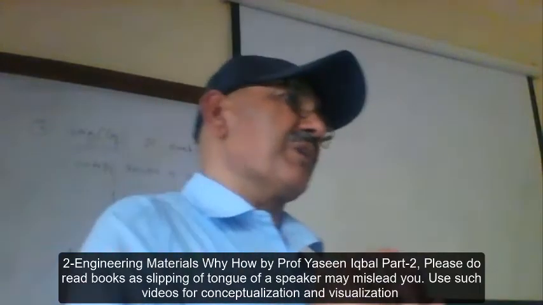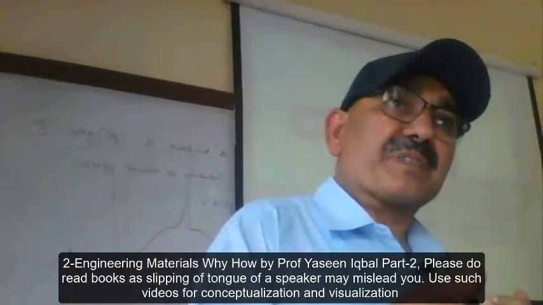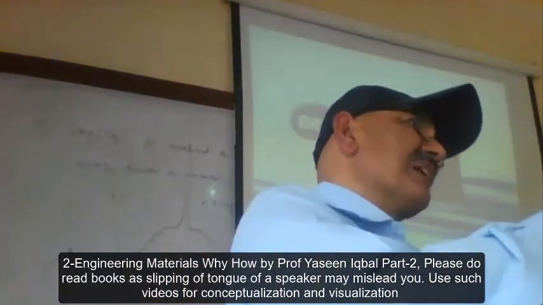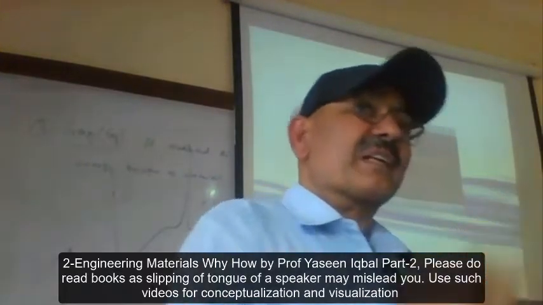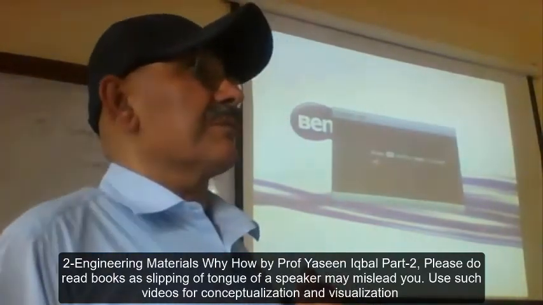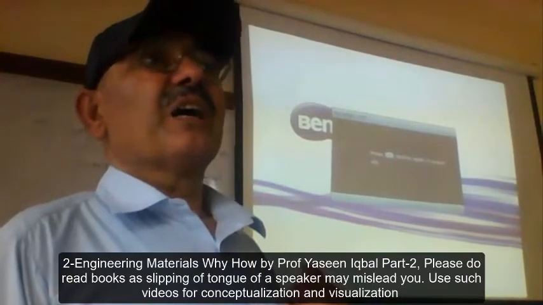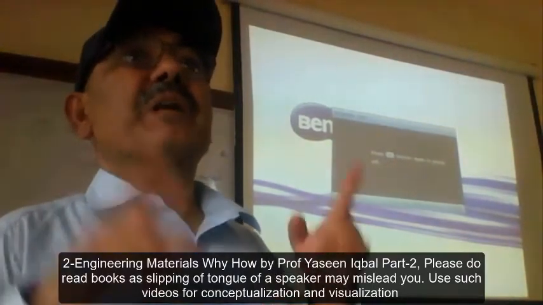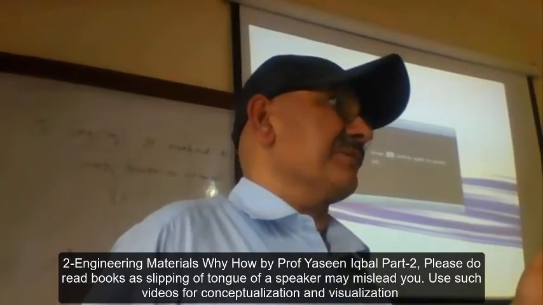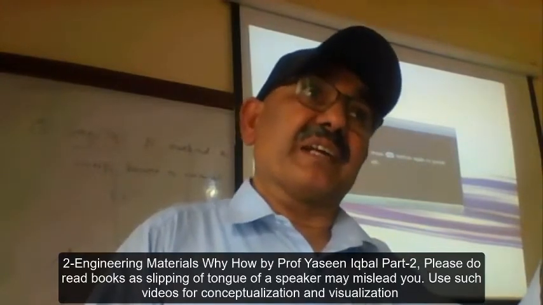So whatever you conclude, number one, it must be based on your repeated experiments. Secondly, in light of the previous literature, if you are contradicting the results of the previous literature, then there must be a solid reason for that.